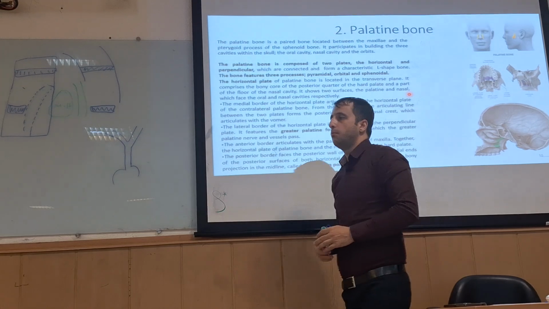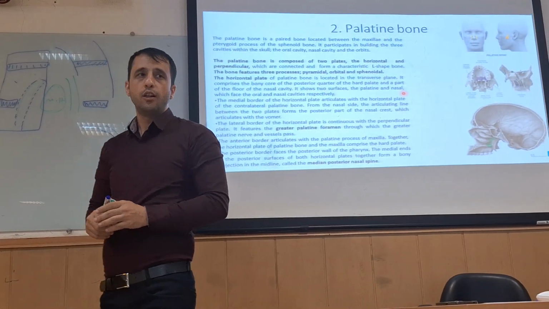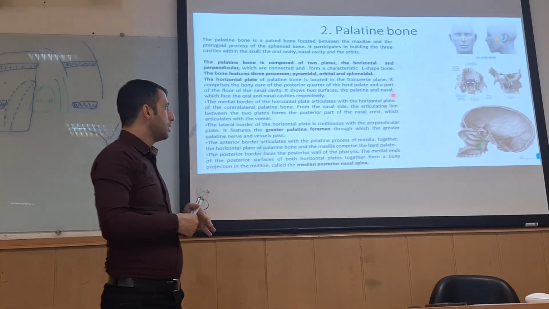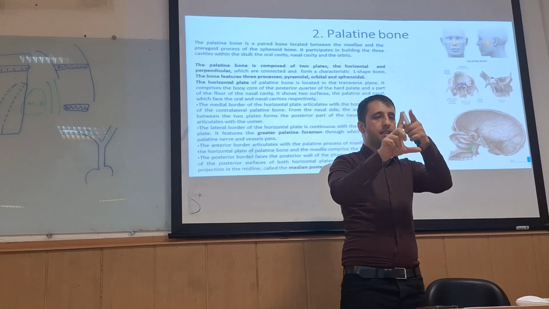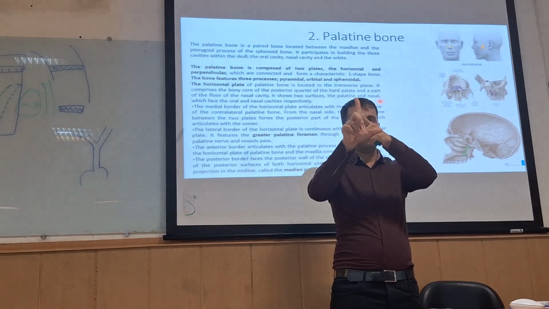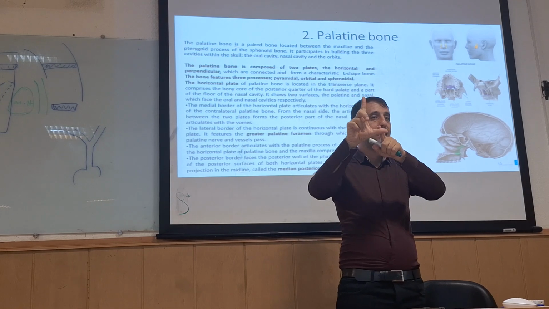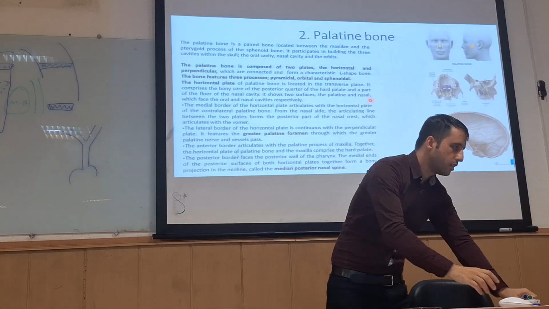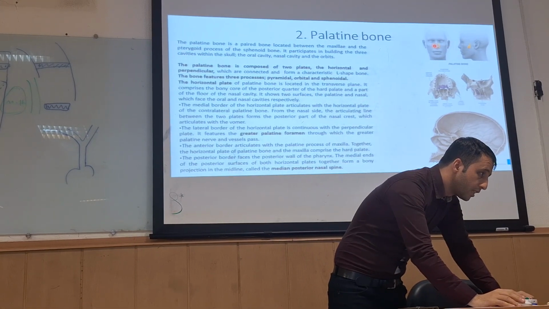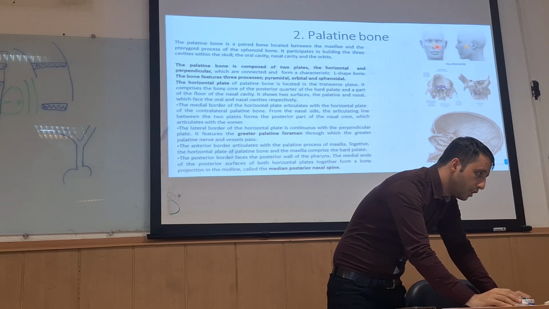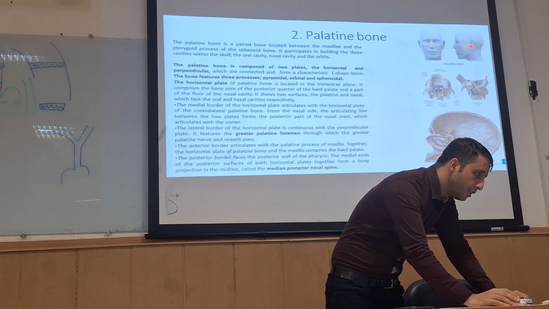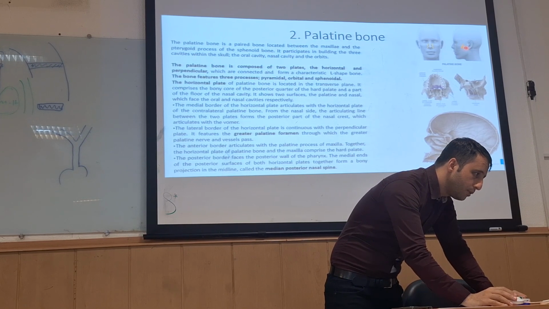Another bone is the palatine bone. I said that the palatine bone, as you can see, has a vertical or perpendicular plate and a horizontal plate, and it has three processes. Look at here. It is the perpendicular plate at this area, and at this area it is the perpendicular plate.